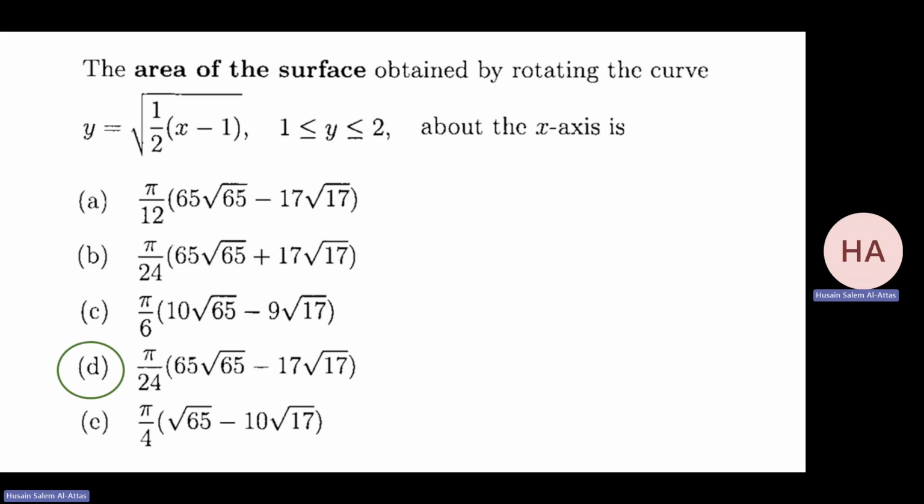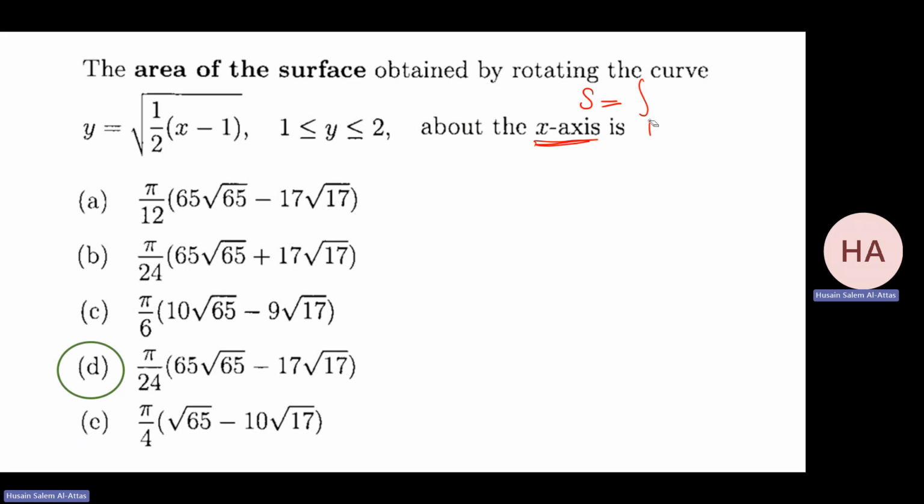The area of the surface. Now we're talking about the area of the surface about the x-axis. So S will be the integral from 1 to 2 in terms of y. I have the function as y equal. We'll deal with this.